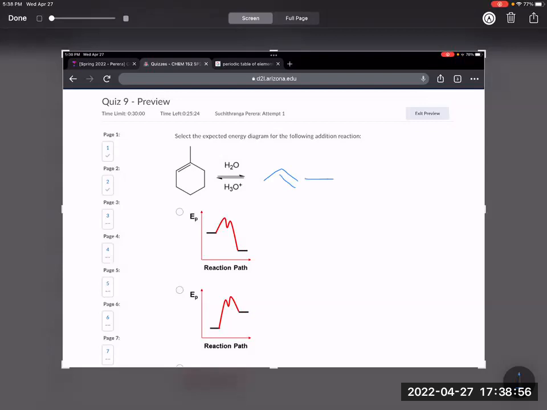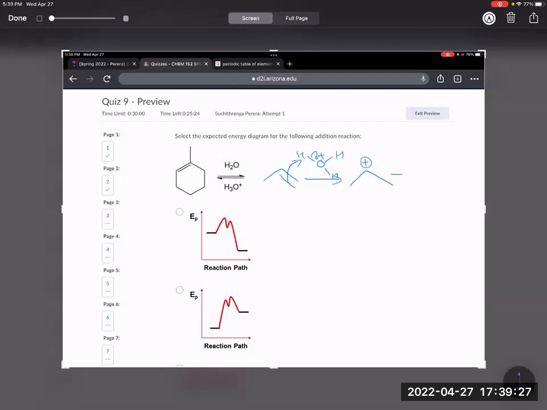In the first step, we have this H3O plus, which is our catalyst, getting involved, and the nucleophilic attack is initiated by the alkene. We break the carbon-carbon bond and make a carbon-hydrogen bond, and we also break the hydrogen-oxygen bond in the first step. As a result, you get a carbocation, and we have a new CH bond added here.